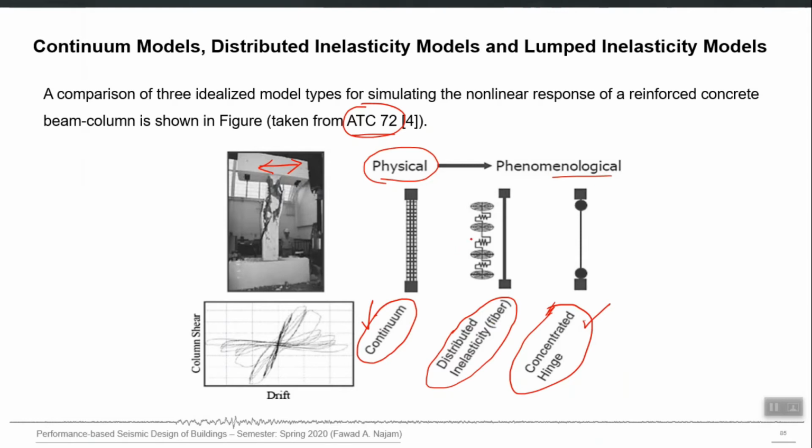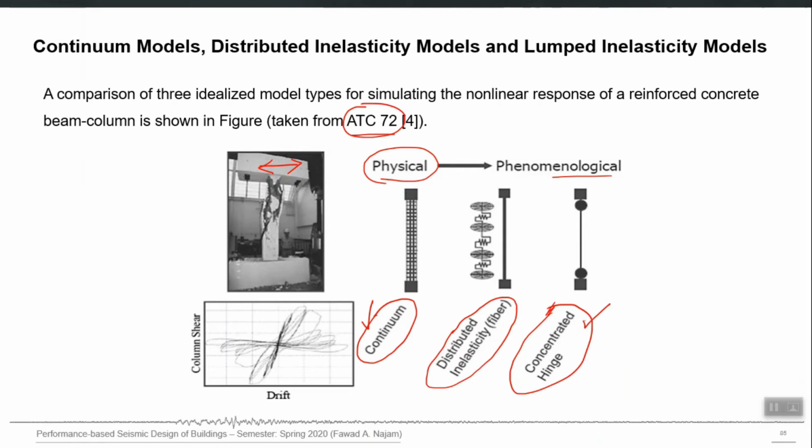So it is also not very simple like the concentrated hinge, and not very detailed like the continuum or detailed micro models, right? So they are in between. So the inelastic action is assumed to be distributed along some length of the element.